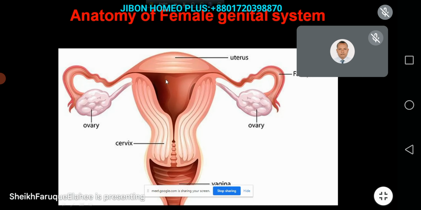But sometimes it happens, the zygote gets stuck here. It cannot come here. It starts implanting here. So there will be pregnancy outside the uterus and inside the fallopian tube. This is called ectopic pregnancy.